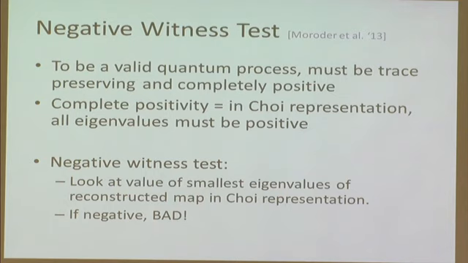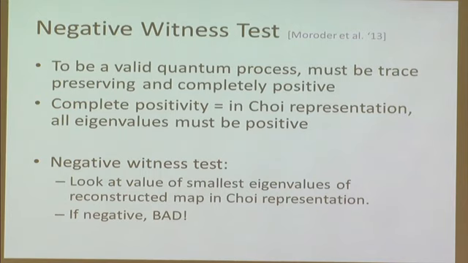In particular, if you look at the Choi representation of any quantum process, the Choi representation is kind of an isomorphism between states and processes. We know that for valid states, we must have all positive eigenvalues, in particular eigenvalues between 0 and 1. And so also in this Choi representation of quantum processes, we must have all positive eigenvalues between 0 and 1.